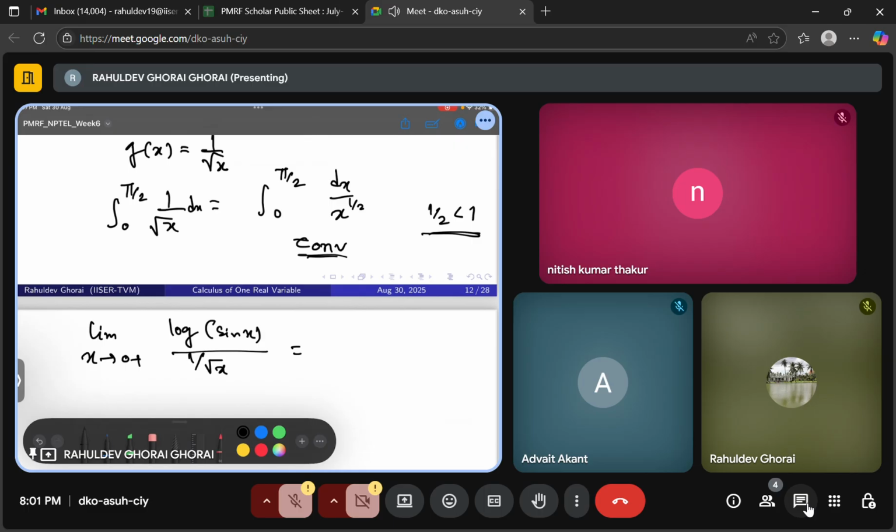That's nothing but the limit as x tends to 0 plus of square root of x times log of sin x. We can show that that is equal to 0.